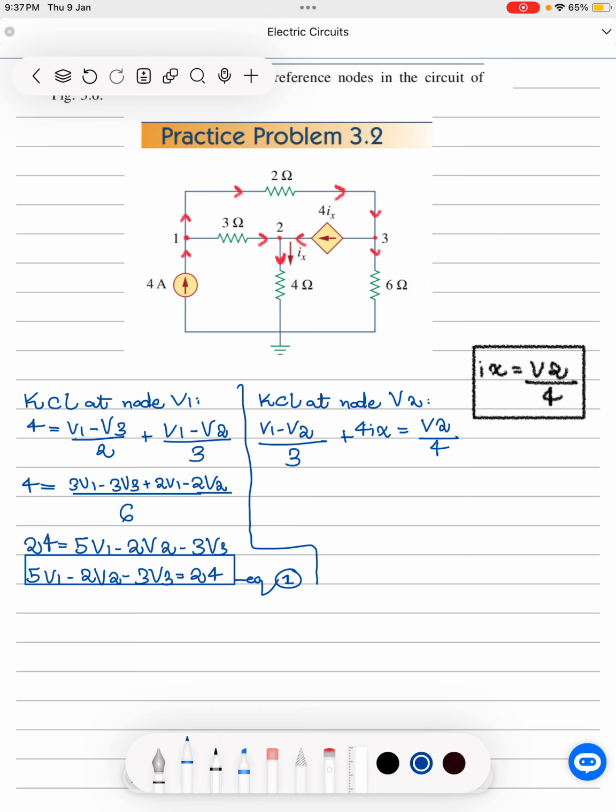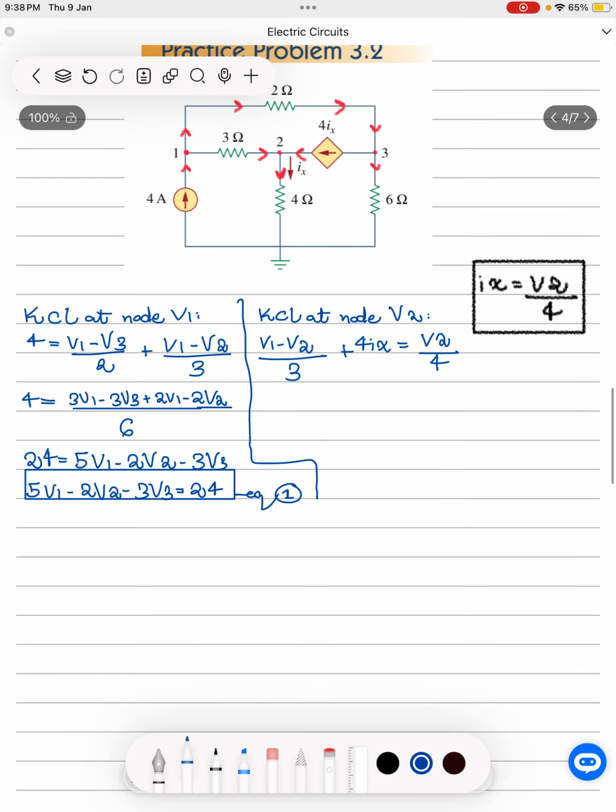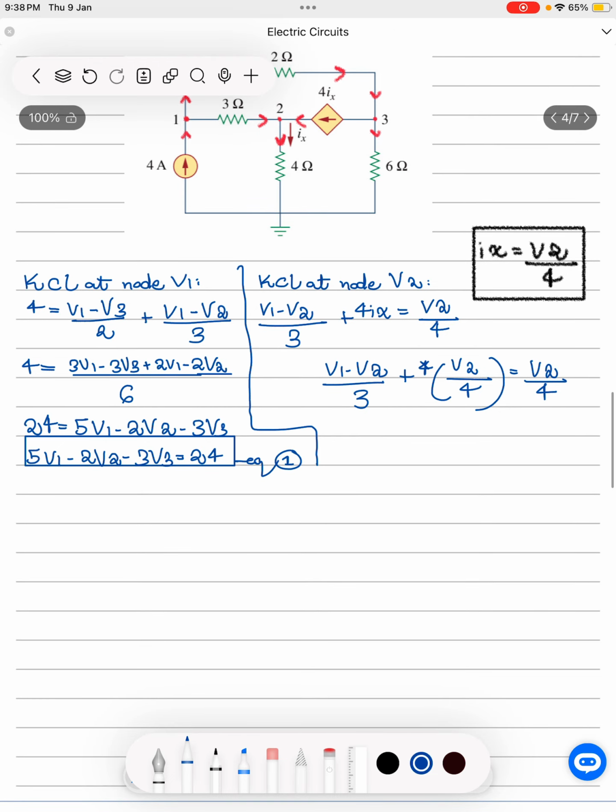Alright, so let us now substitute the value of Ix in terms of V by rewriting this equation. (V1 minus V2) upon 3 plus 4 times V2 by 4 equals V2 by 4. The 4 cancels out. This would be (V1 minus V2) by 3 plus V2 equals V2 by 4.